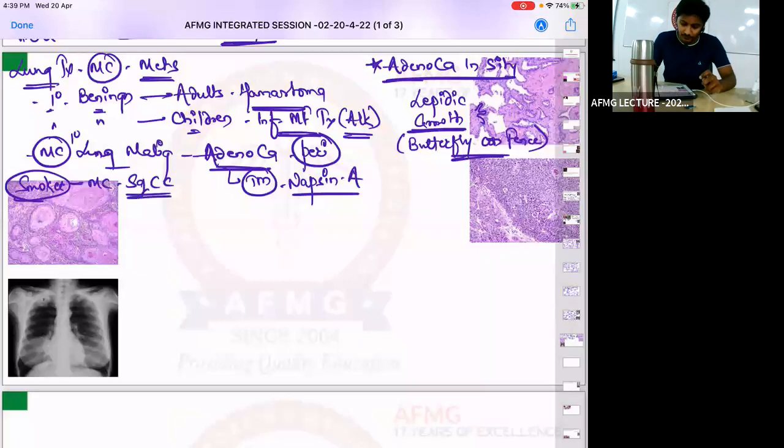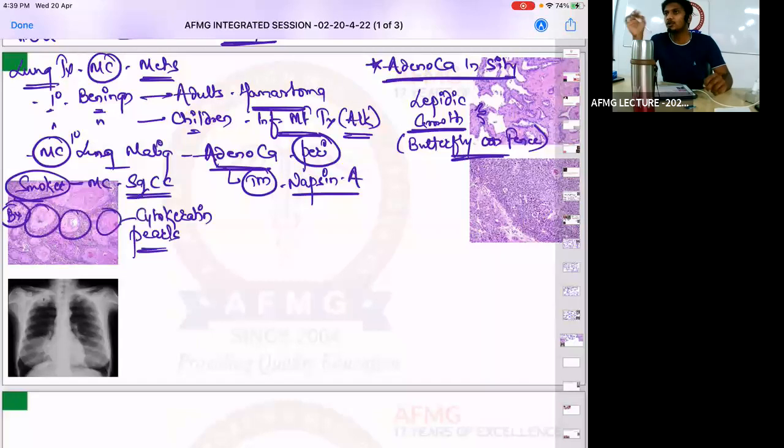On biopsy, I will find whorled bodies called keratin pearls. Don't mistake these for other bodies, check the history first. If lung cancer is given and these bodies are seen, they are keratin pearls, a feature of squamous cell carcinoma.